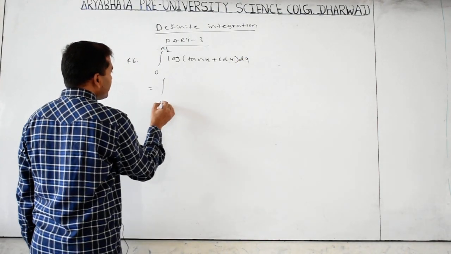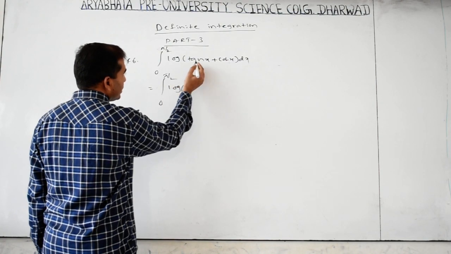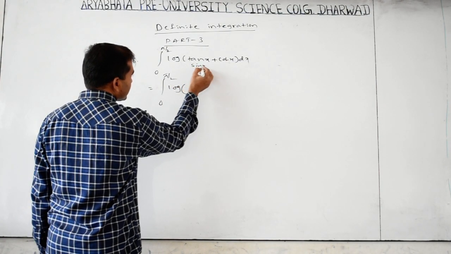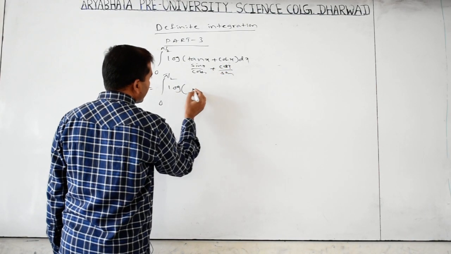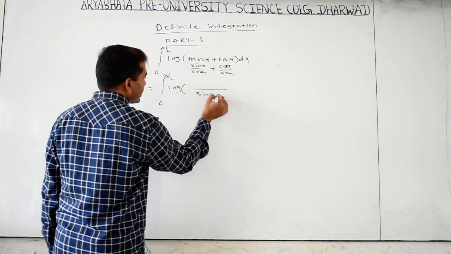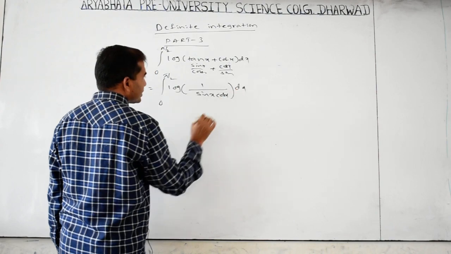This is sin by cos plus cos by sin. What is the LCM here? Sin x into cos x. We get sin square x plus cos square x equal to 1, dx.